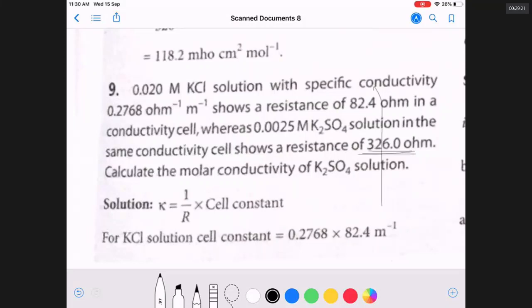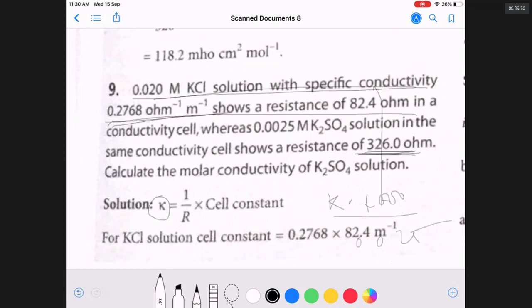Using this data, once I know the cell constant, the cell constant by R is equal to K of the second cell. Once I know K, I can find the molar conductance as K into 1000 by concentration.